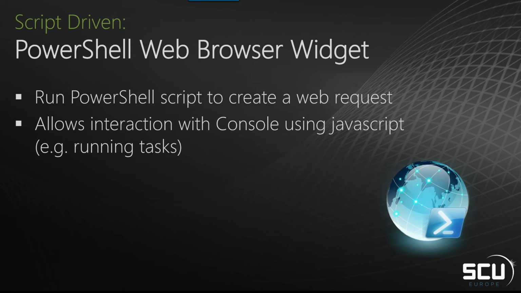You could create a web page which shows some data in that widget, and if you click a button or a link, you could execute a console task of the operations console from that web widget using JavaScript. We have no demo for that in particular, but there are some good examples on the TechNet wiki, which demonstrate and document how you could set this up. It's a simple JavaScript call where you can execute a task.